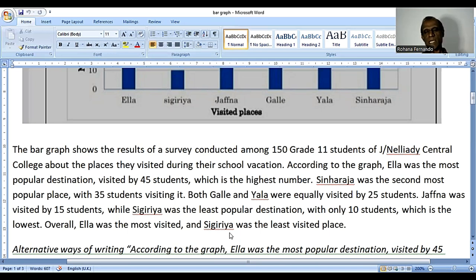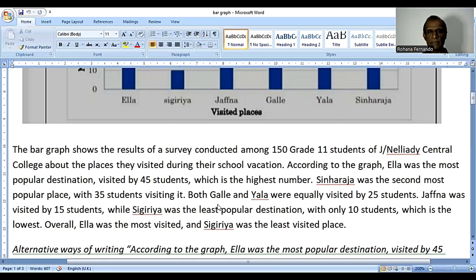Yeah, we can say both Gaul and Yala were visited by equal number of students. That we can see, equally, both we can use.